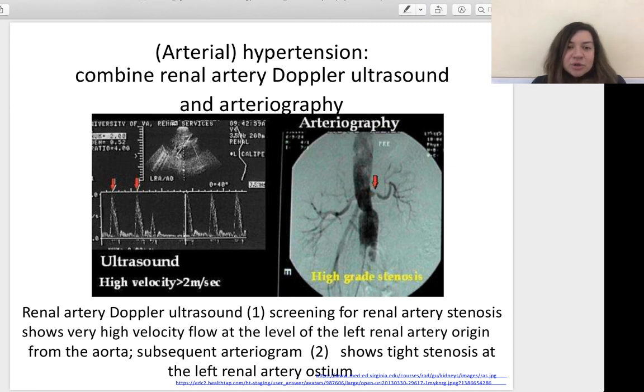And in the second picture you see, with the right color arrow, the place of obstruction, the place of significant narrowing of the renal artery that exactly can lead to hypertension.